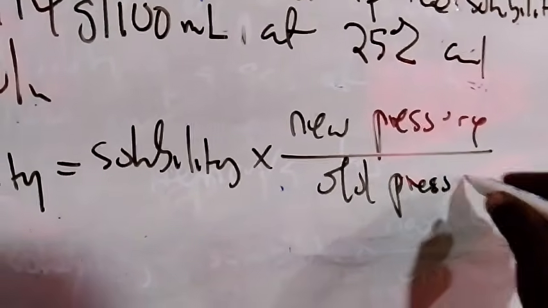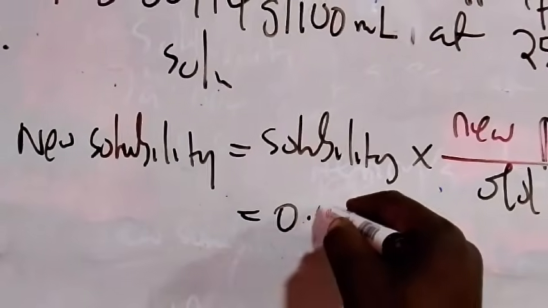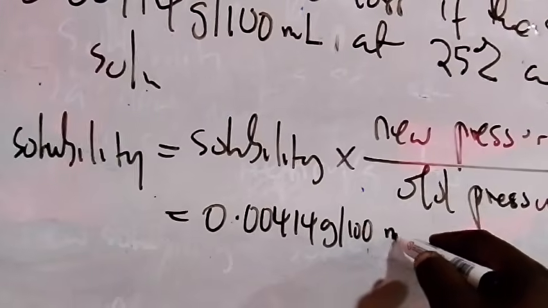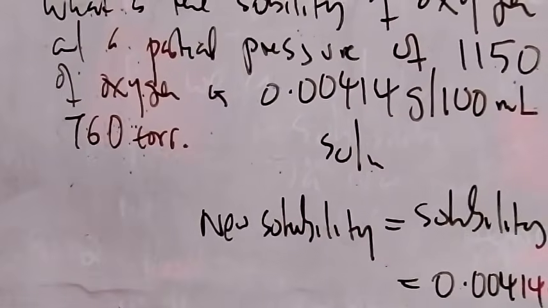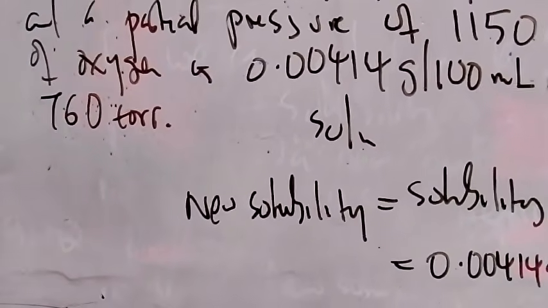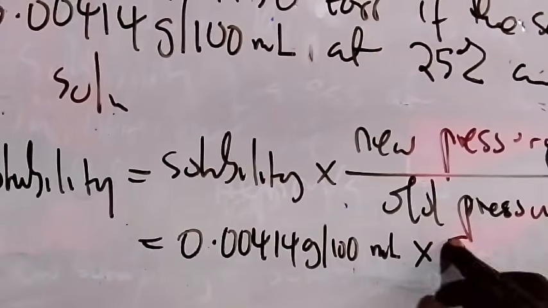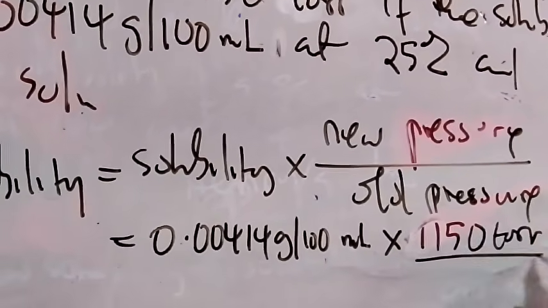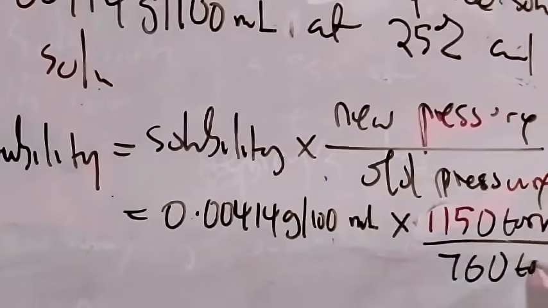Okay, so we substitute the solubility given, which is 0.00414 grams per 100 milliliter, times the new pressure, that is 1150 torr, over the old pressure, that is 760 torr.